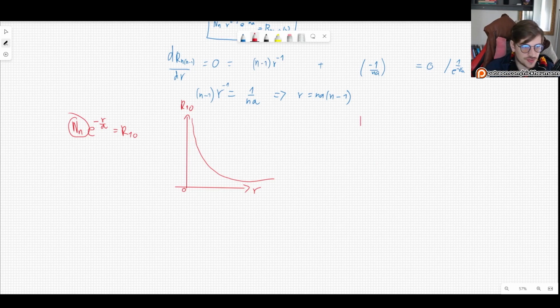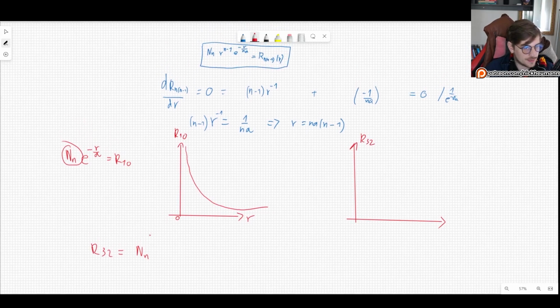Now we can go for some other graph. For example, let's go a bit higher. Let's go now R32. Keep in mind, this is not valid for all wave functions. Don't forget about that. So R32, this is going to be the normalization constant. And then we have n minus 1, so r to the 2, r squared, e to the minus r over 3a.